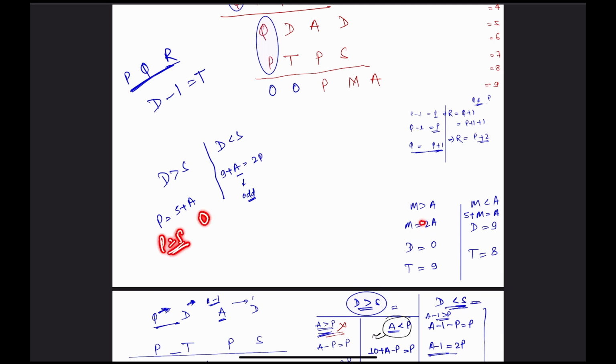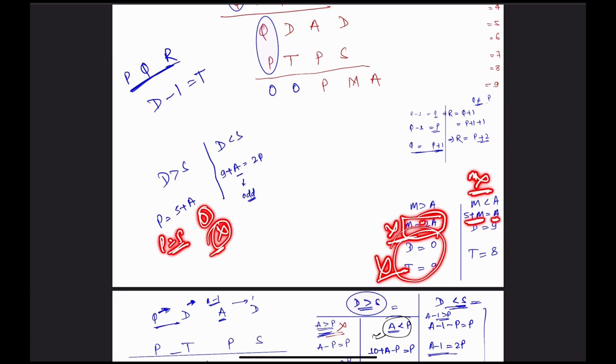In this condition, it's not possible. So this whole is not possible. But if this is true, then our M will be, wait, in this condition also not possible. So A being 0 is not possible.